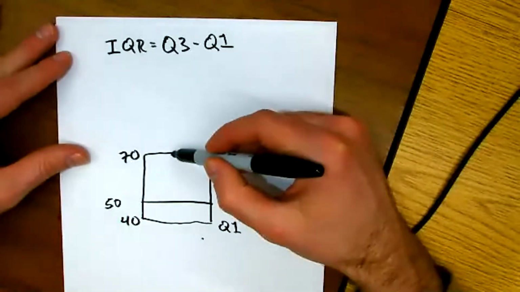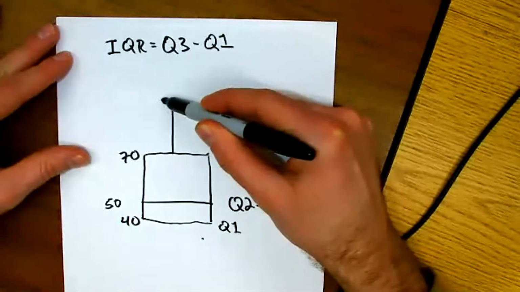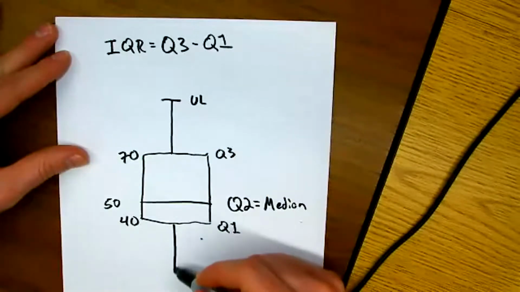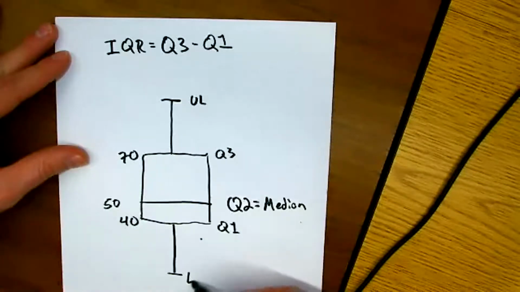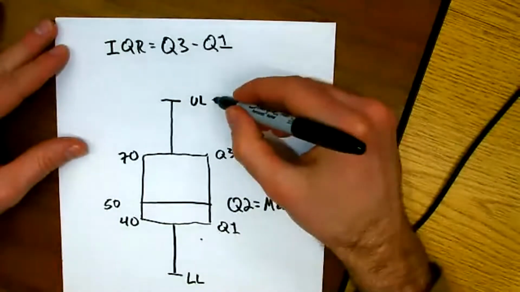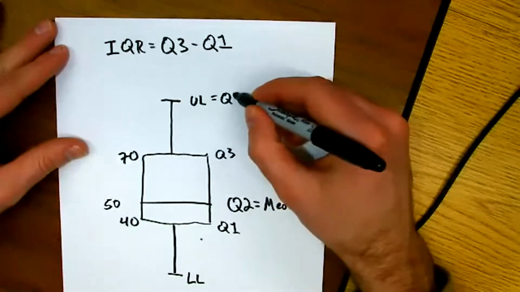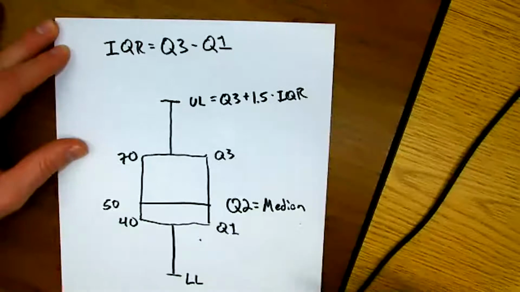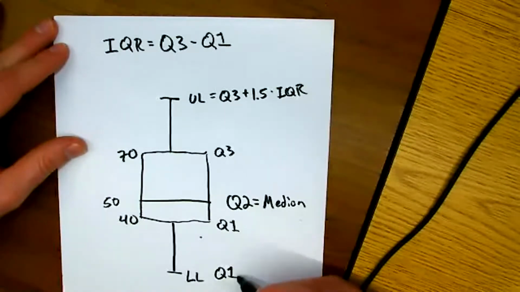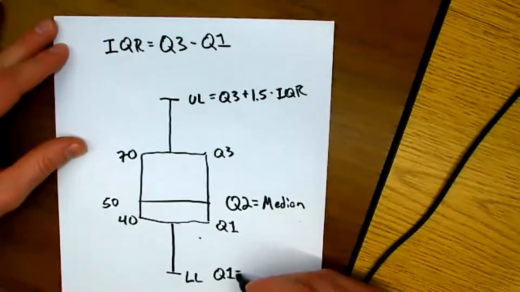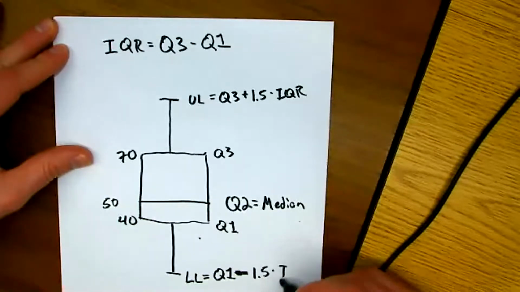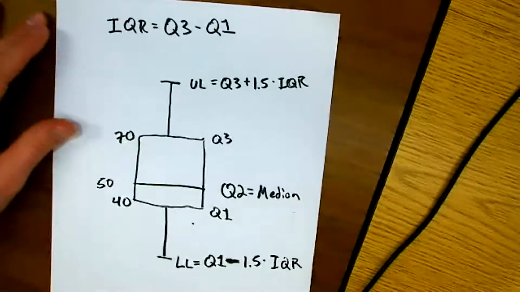What you then do is go from that third quartile and find your upper limit, and then go down below your first quartile to find your lower limit. Now, how do we do that? You take that third quartile and add 1.5 times our interquartile range. And then to get the lower limit, we took that first quartile, this should be a negative sign, and you subtract 1.5 times that interquartile range.